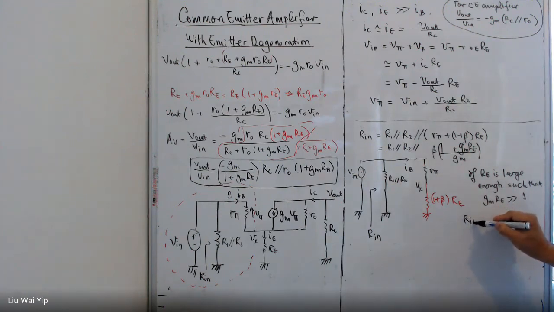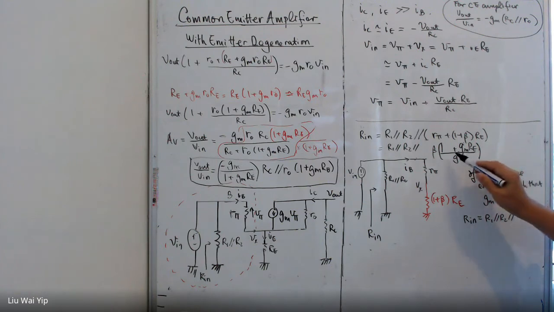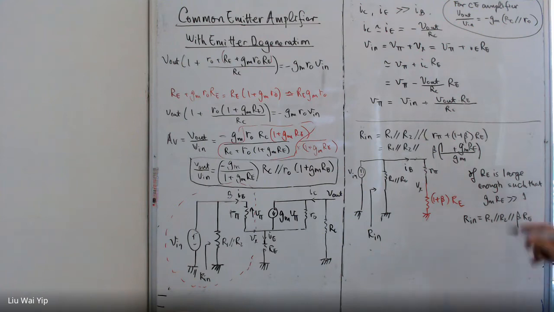Rin is equal to R1, R2, and then beta and then RE. So this is one of the ways to simplify it.